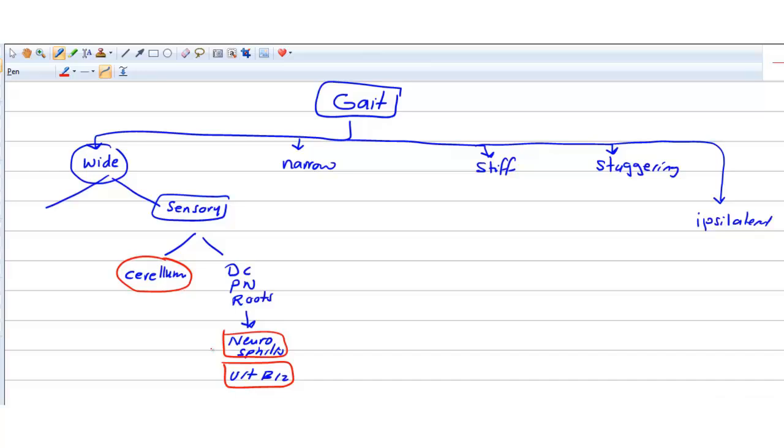Means when you ask the patient to close his eyes, right? You ask the patient to stand and put his feet together, and then extend maybe his arms, and then ask the patient to close his eyes, right? So if it is a cerebellum problem, I got confused.